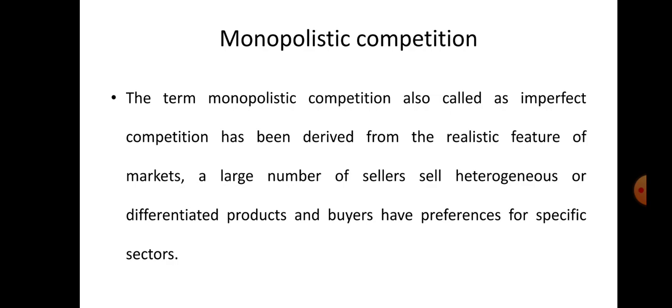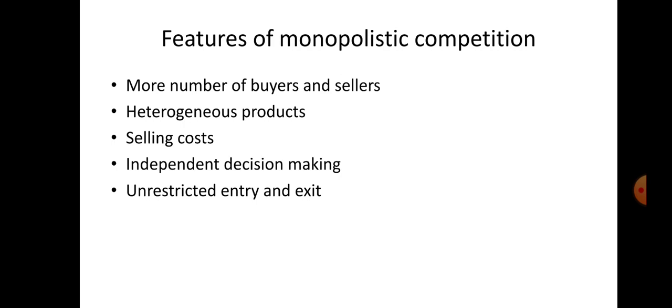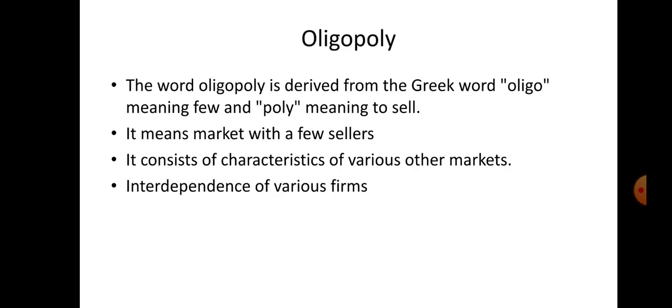That is monopolistic competition, where there will be different sellers selling heterogeneous types of goods and services. Features of monopolistic competition: more number of buyers and sellers selling heterogeneous products, where they can fix the selling cost, independent decision making, and unrestricted entry and exit.